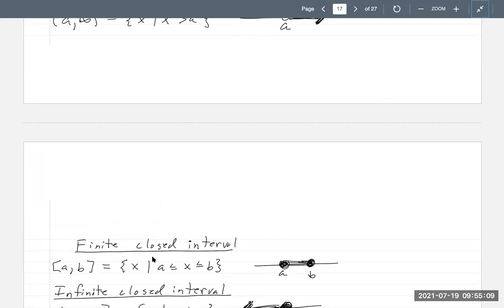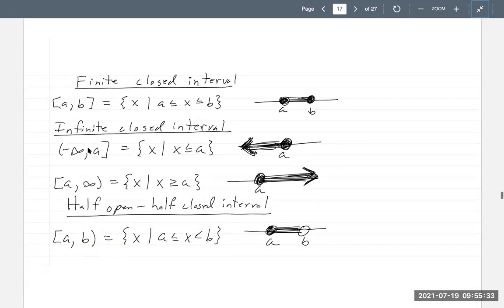The closed interval from A to B is the set of all x's between A and B, including both A and B. So that's a finite closed interval.